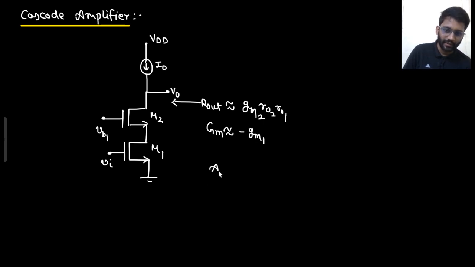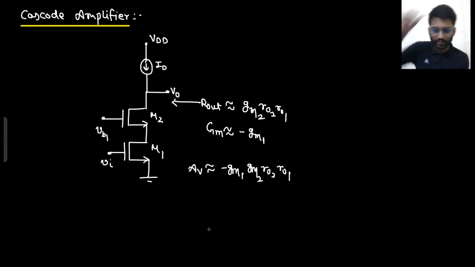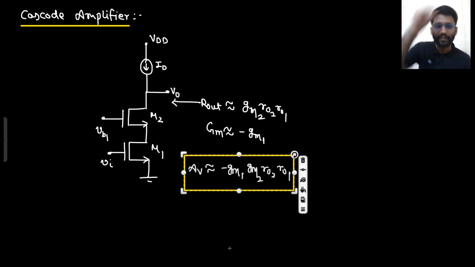So what is my gain now? Here I can write down my gain. That is Gm Rout, so it would be minus gm1 gm2 r02 r01. So this is the gain I am getting, which is very high.